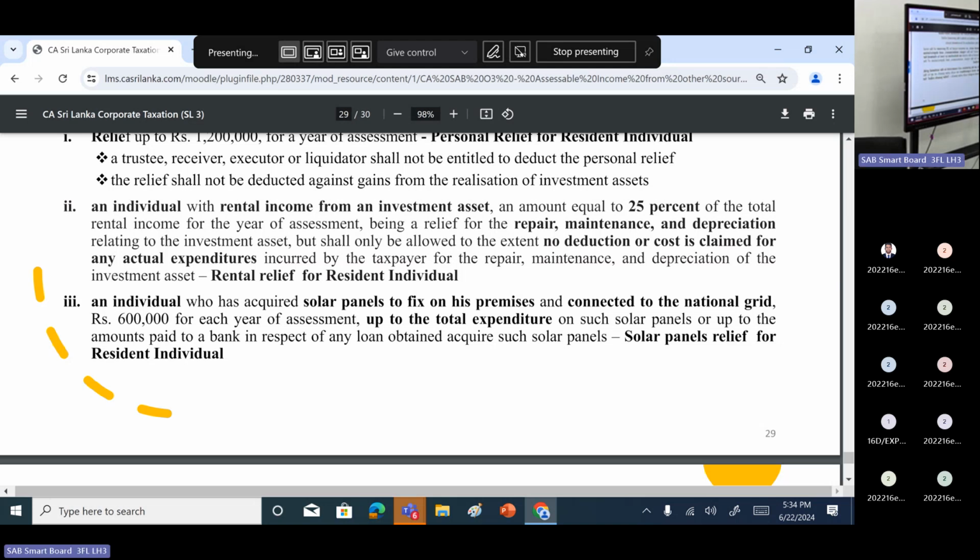The balance you can carry forward and claim in the next succeeding year on the same limitation. Up to 600,000 per year you can claim. Okay, clear? Any question?